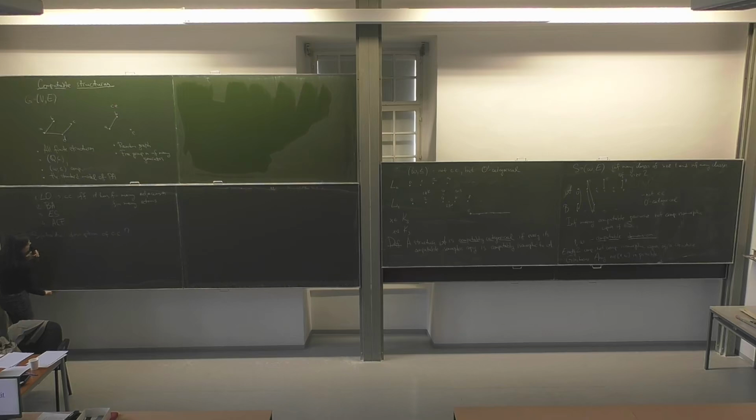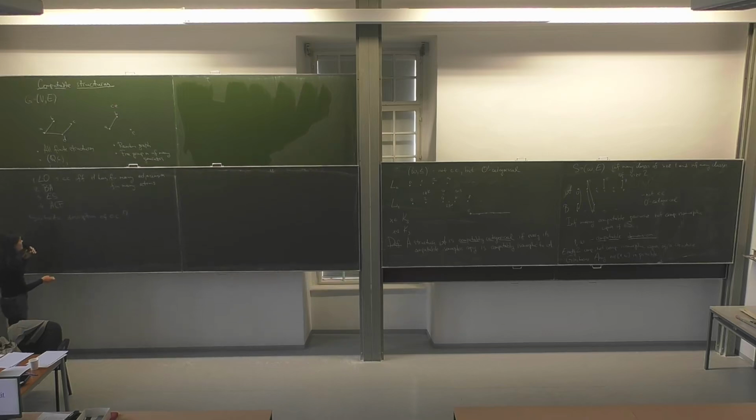Well, there is something in this direction, which involves so-called Scott families. A Scott family for a structure A is a set of existential formulas, let's say we only concentrate now on the characterization of computable categoricity.